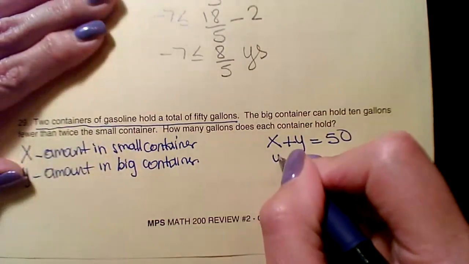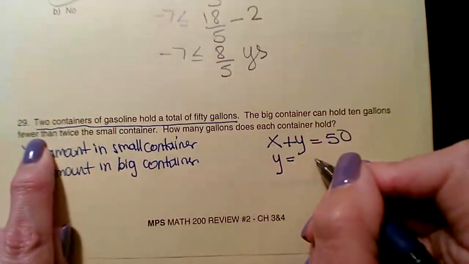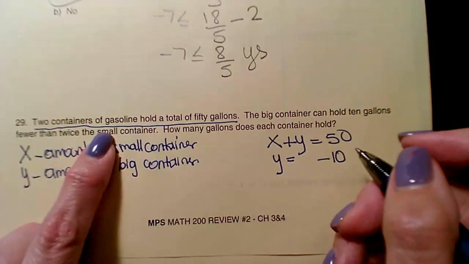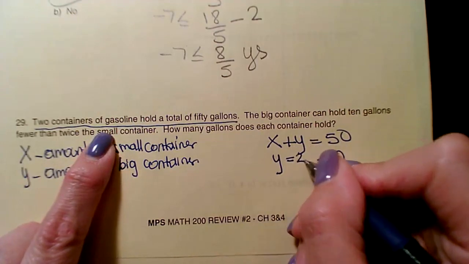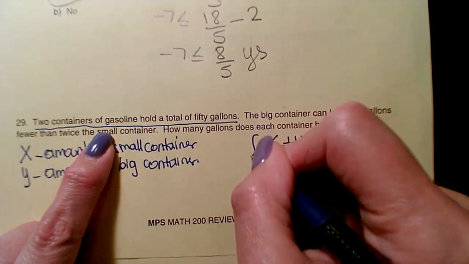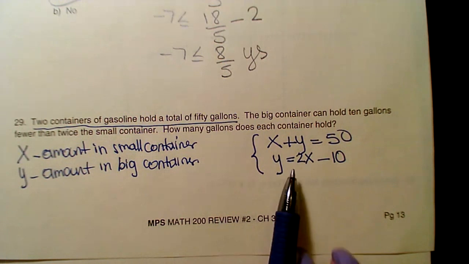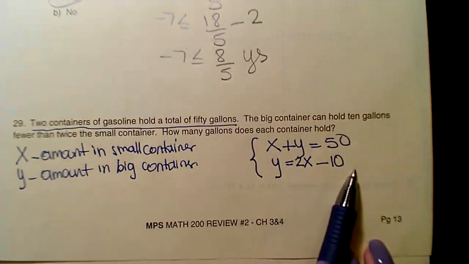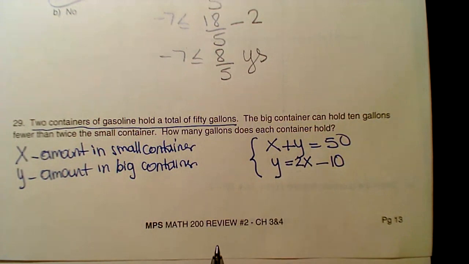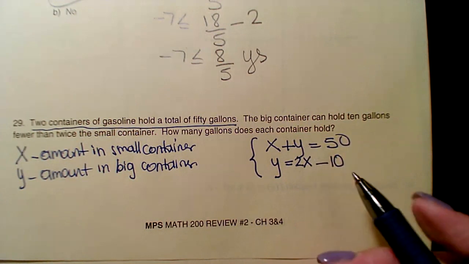So the big container can hold 10 gallons less than twice the smaller one. So here are the two equations. And because we have the Y equals 2 something, we're going to use the substitution method here. All I'm going to do is substitute the Y in here to solve it for X.